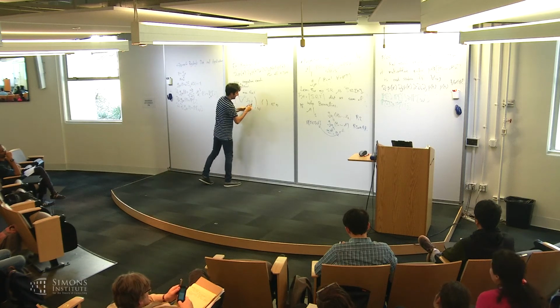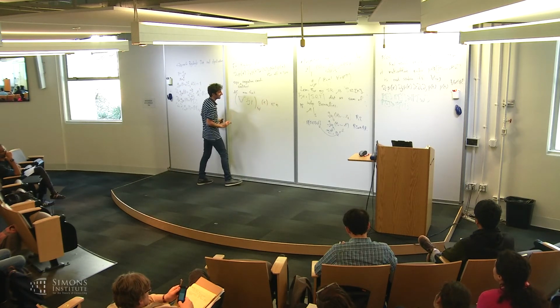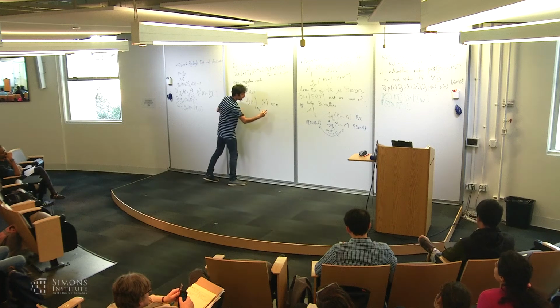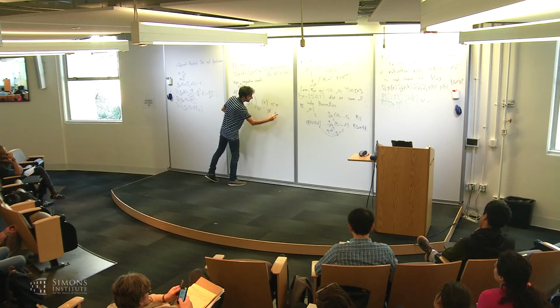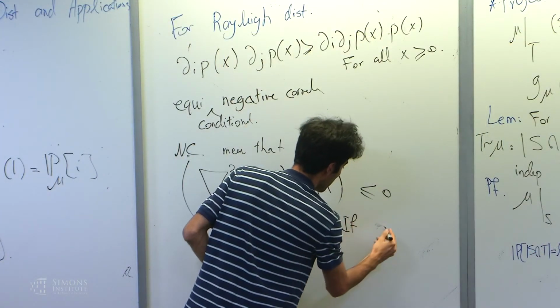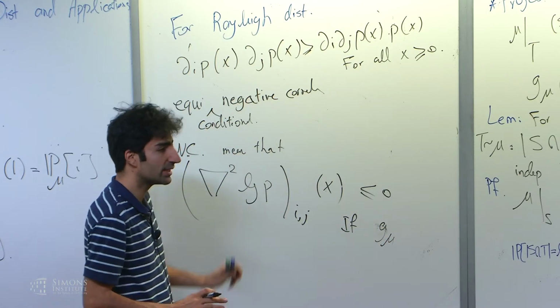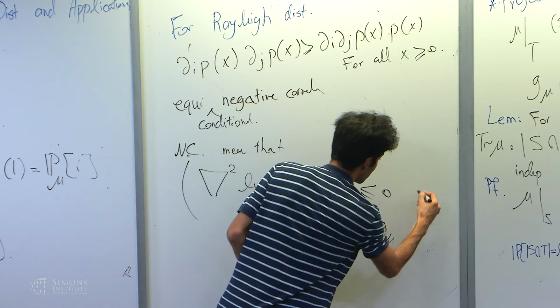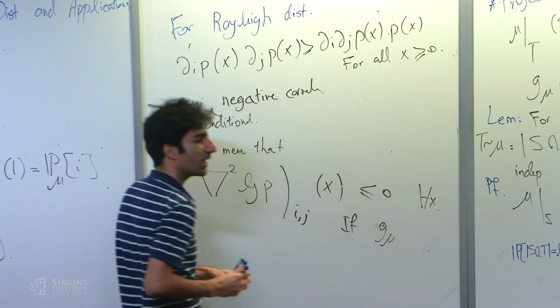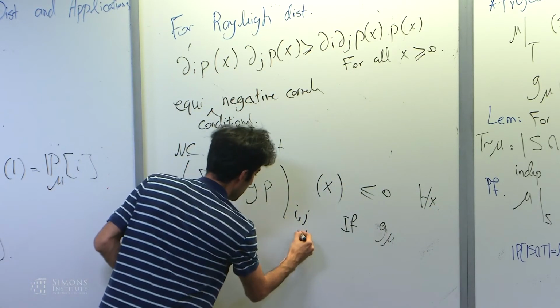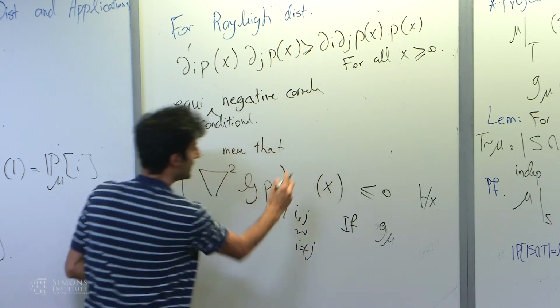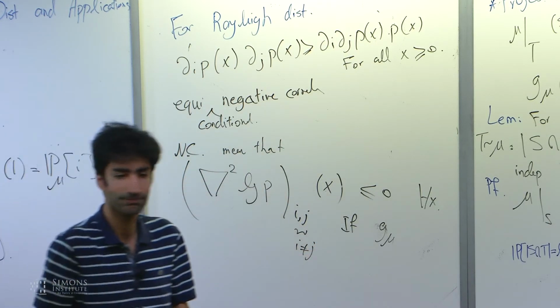Okay, I was right in the beginning. So if P is a distribution, with non-negative coefficients, then this is true for all x: all off-diagonal entries, for i not equal to j, are less than or equal to 0.